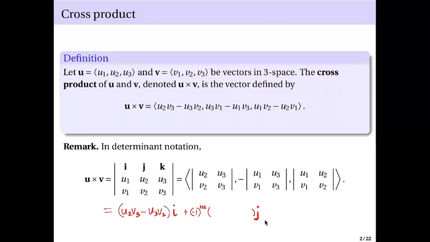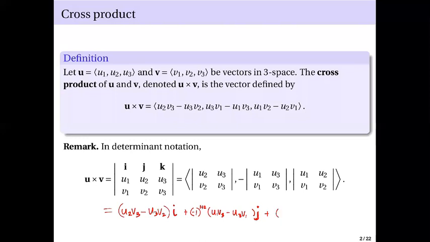Okay? So you now have the determinant u1 v3 minus u3 v1. And then plus the other guy here, you have negative 1 raised to 1 plus 3, which is positive 1, so I'm not going to write that there.